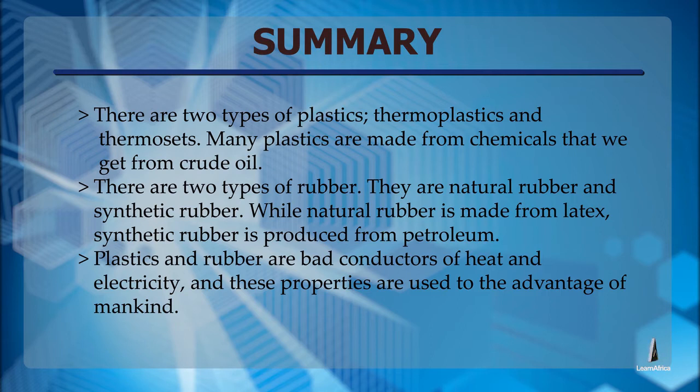While natural rubber is made from latex, synthetic rubber is produced from petroleum. And we learned that plastics and rubber are bad conductors of heat and electricity, and these properties are used to the advantage of mankind. Now let's test ourselves with a few questions.